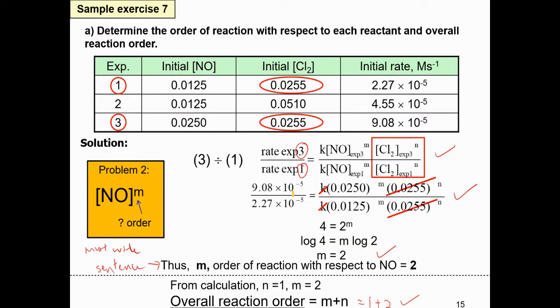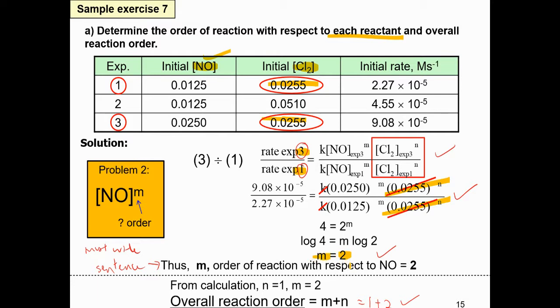Now another question. Determine the order of reaction for each reactant. Just now we found chlorine. Now we continue with nitrogen monoxide. Same thing, if you want to find nitrogen monoxide, then you want to cancel the chlorine part. So this time we compare experiment 3 to experiment 1, so we can cancel the chlorine. After that you will get m equals 2.